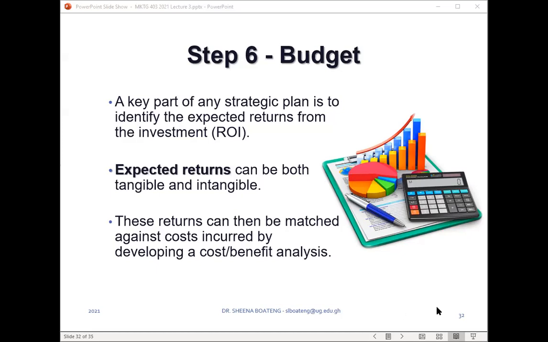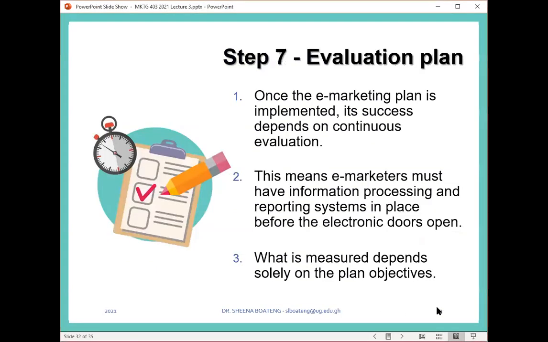So with that being said, once you are able to develop your budget, you have developed your implementation plan, you have developed your strategy, and you know the specific tactics that you are going to use to ensure that the strategy and the implementation plan produce the required outcomes that will help you to achieve the objectives that you set in the beginning using the SMART criteria.